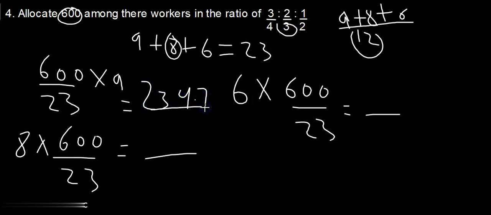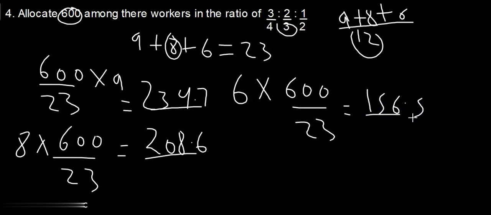For the second one, multiplying 8 by 600 over 23 gives 208.6. And for the last one, dividing 600 by 23 and multiplying by 6 gives 156.5. So this will be your final answer.